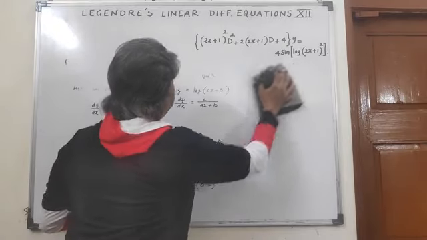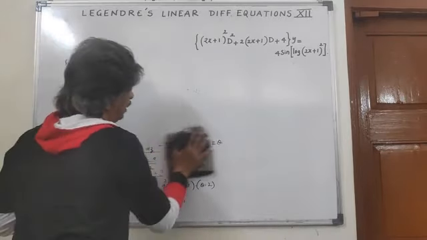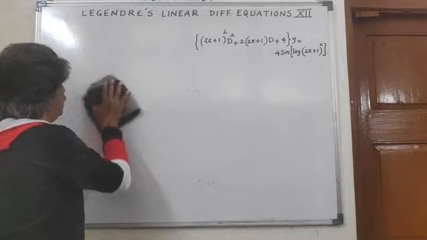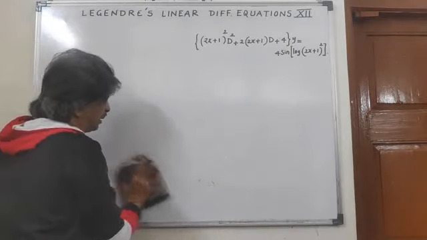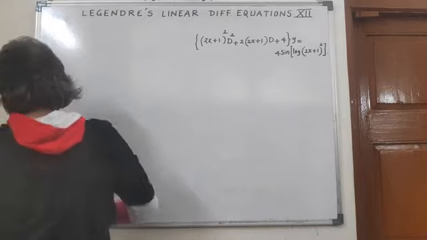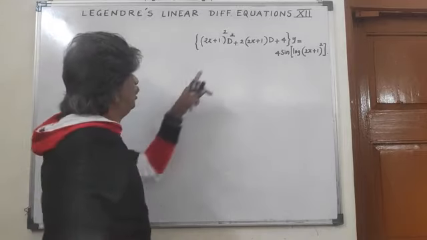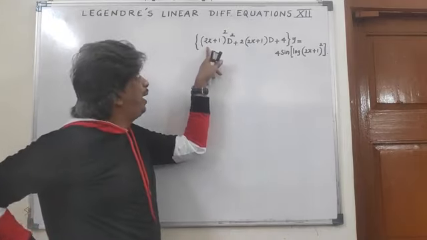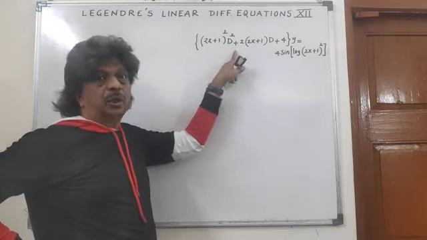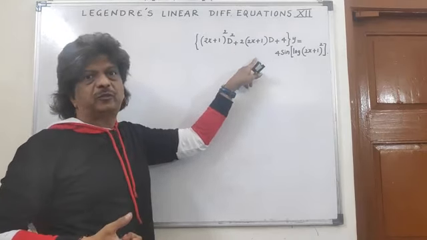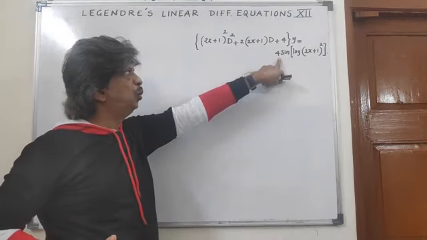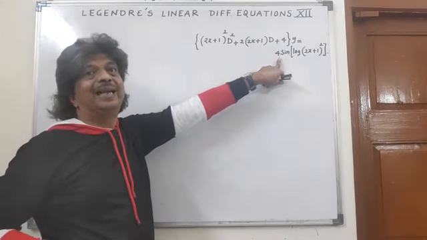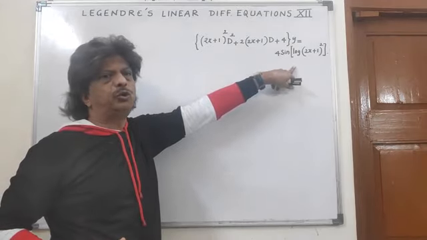Now here, subject to this, we shall now solve this example on the Legendre's linear differential equation. The example is (2x plus 1) whole square D square plus 2 times (2x plus 1) times D plus 4, in bracket, times y is equal to 4 sine of log of (2x plus 1) whole square.